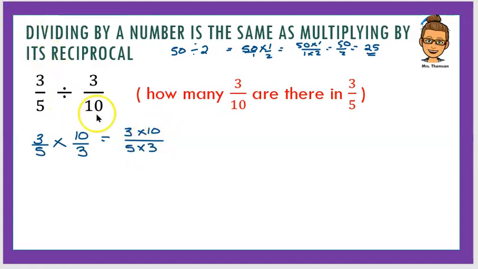And this one is going to work out really nicely. 3 into 3 goes 1. We cancel down. We can also do 5. 5 divided by 5 is 1. 10 divided by 5 is 2. 1 times 2 is 2. 1 times 1 is 1. The answer is 2. Okay? It's just a coincidence that the answer is 2. It's not that all the answers are going to be 2.